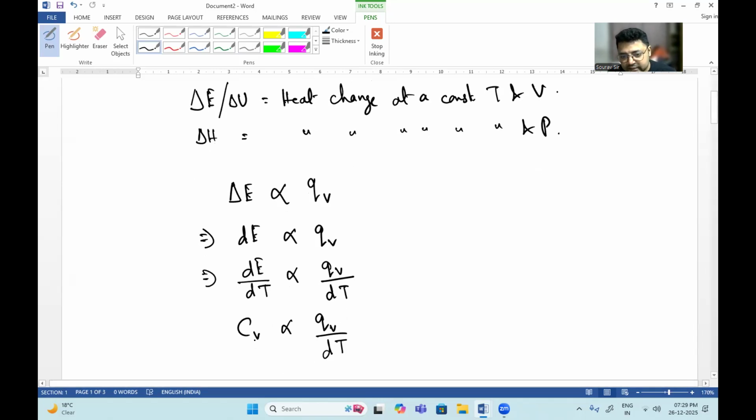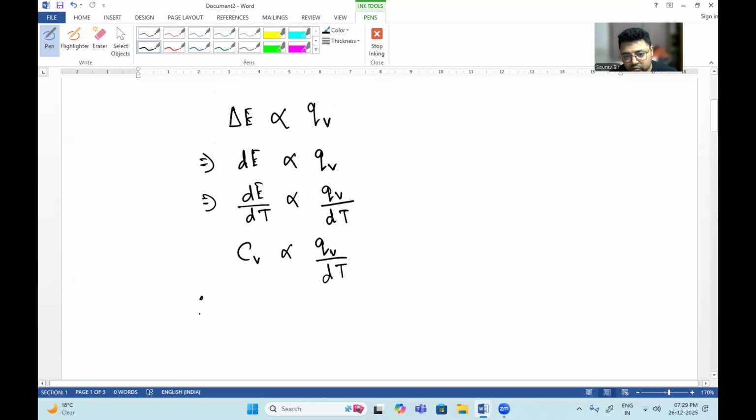Here we are writing CV as the heat capacity at constant volume. Therefore, QV is directly proportional to CV dT.